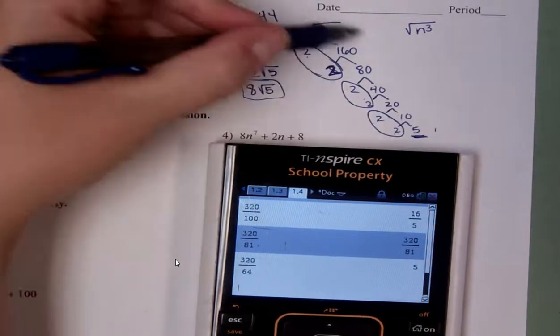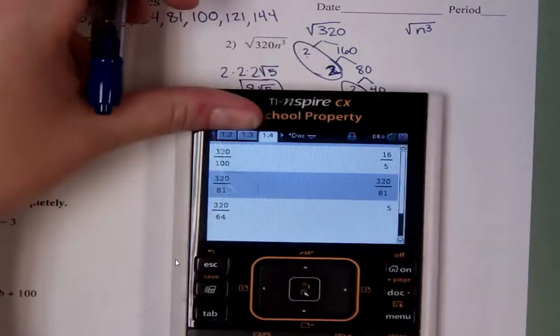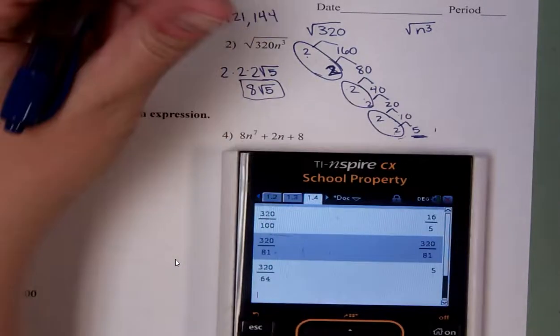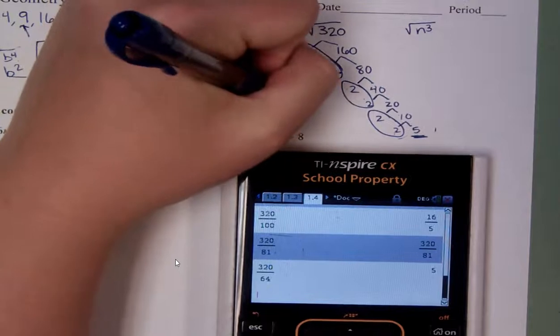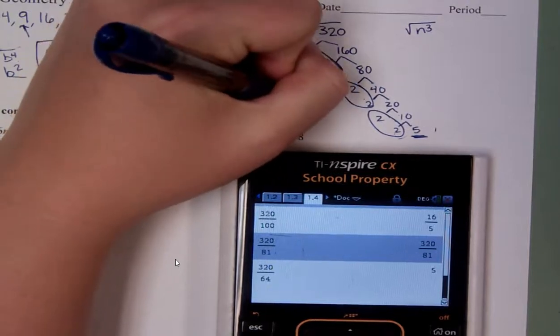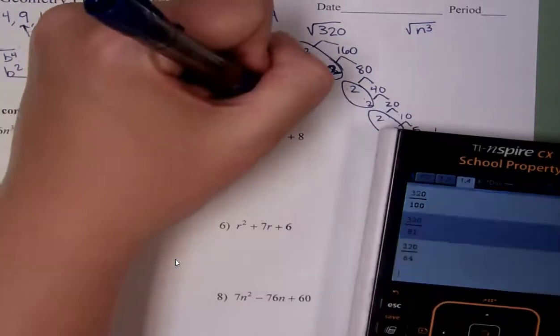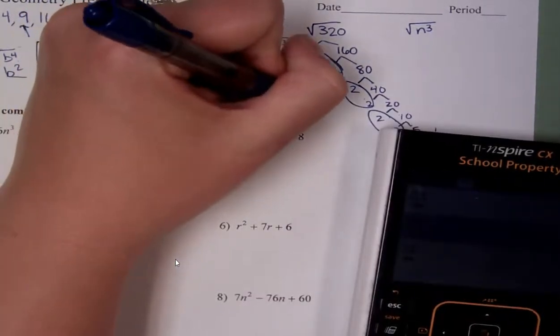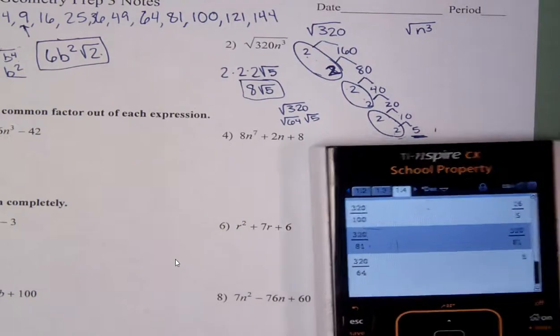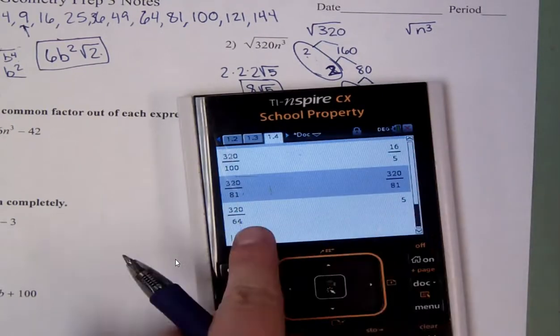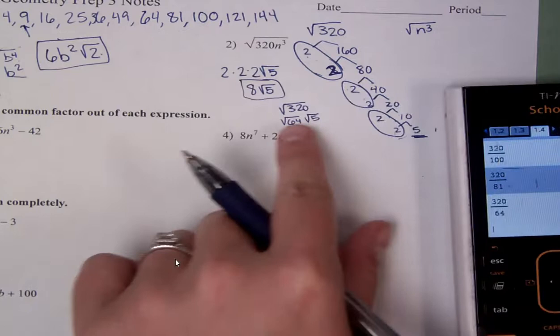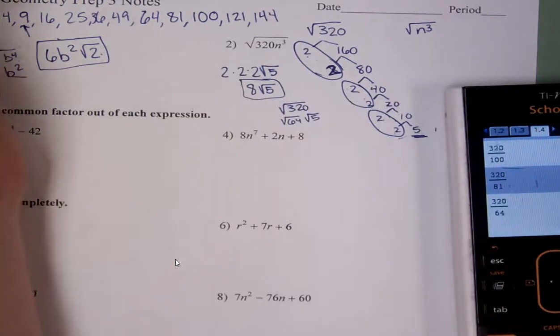Okay, so if this method is confusing for you, you can do this calculator method. So you take that 320 and you realize that 64 goes into it 5 times. So square root of 64 and square root of 5. Okay, because that divides evenly, and if we want to go back, we just do 5 times 64, and that equals 320.